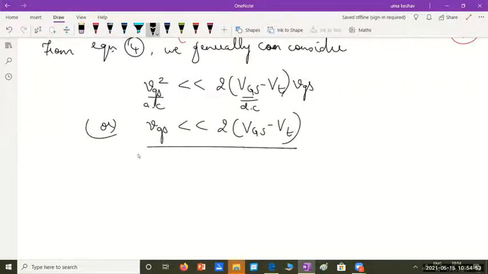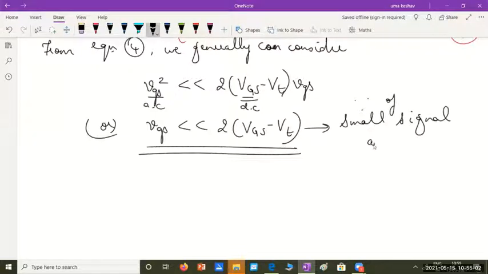This AC will be much less than DC because we are doing small signal analysis. Please remember, small signal analysis means this will surely be less than 10% of the DC value. So you can easily use this condition.